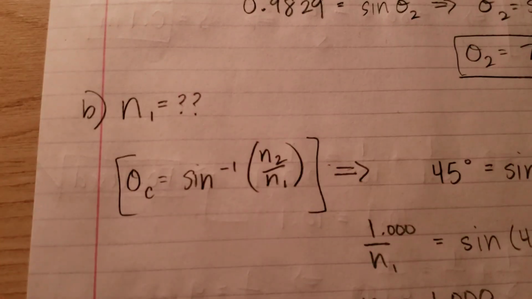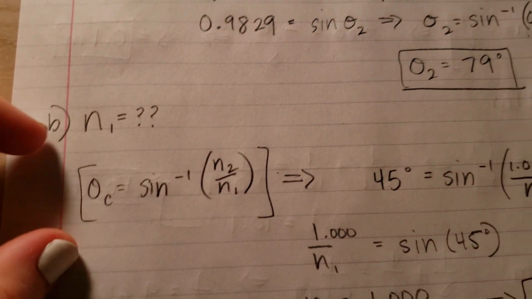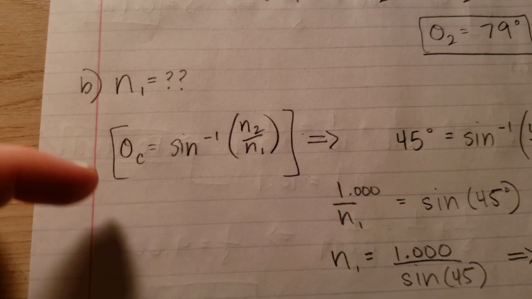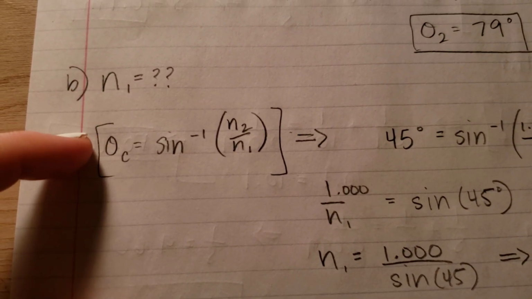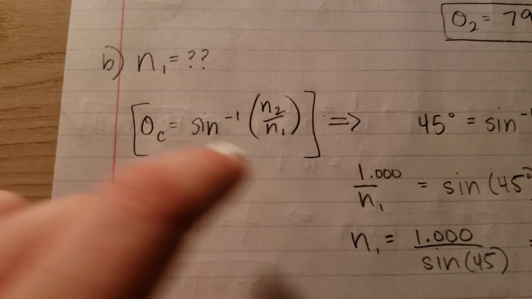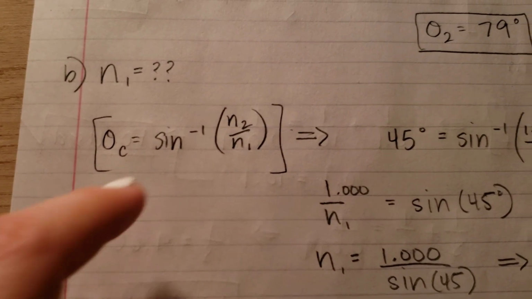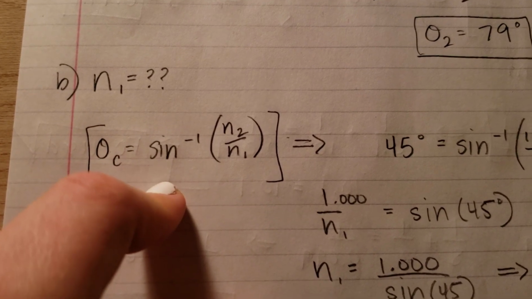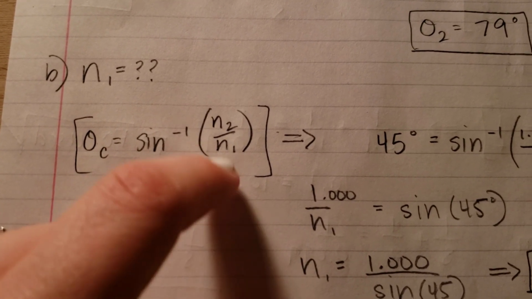So we're solving for n1 in this part, solving for the new index of refraction of the glass, and we know our critical angle is 45, so we can use our critical angle equation, which is that theta critical is equal to the inverse sine of n2 over n1.